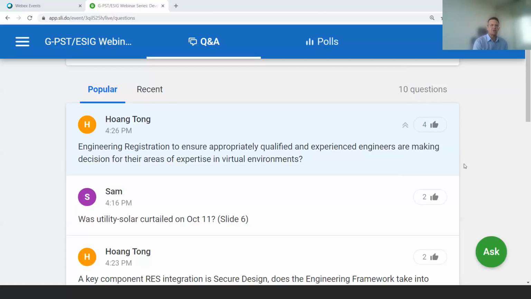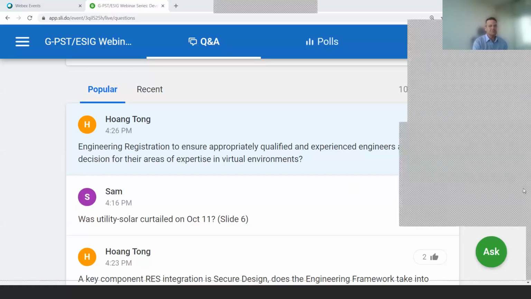The process for registration obviously showcases a journey of understanding and expertise in particular areas. So yes, I think there is a need to show registration and qualifications, but at the same time, a practitioner that's got 25 years of commissioning power plants but hasn't had a registration should not be someone who will be disqualified or barred from it. So there should be a recognition of skills and capability as well.